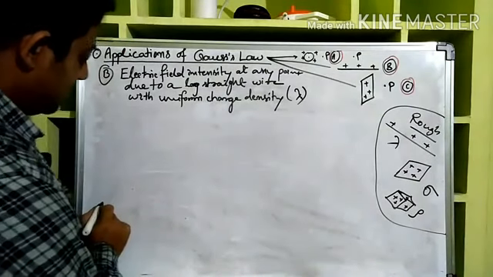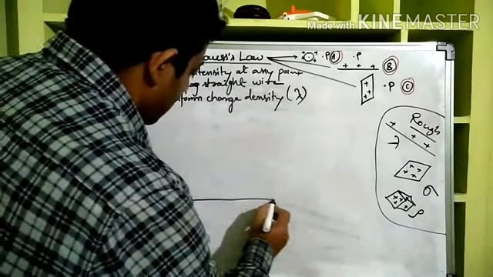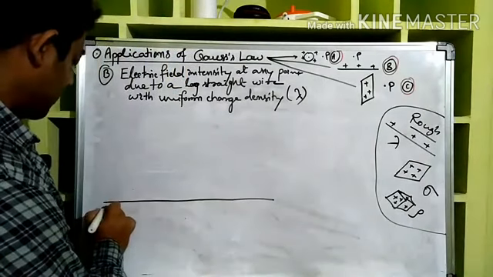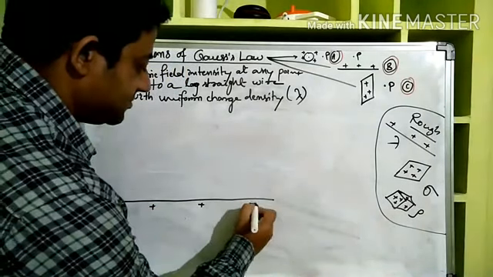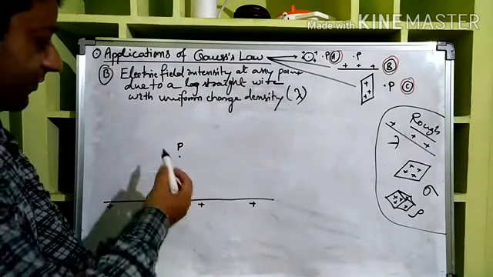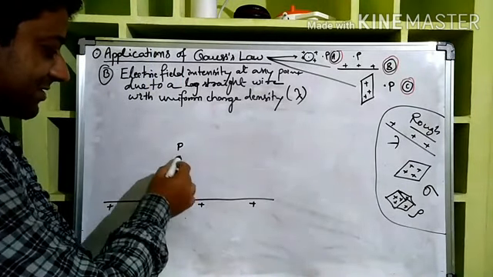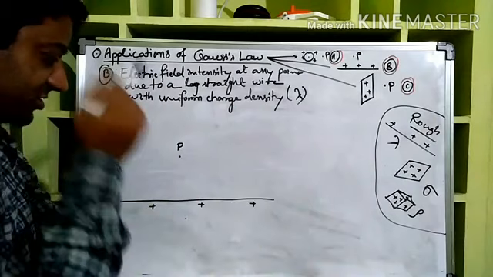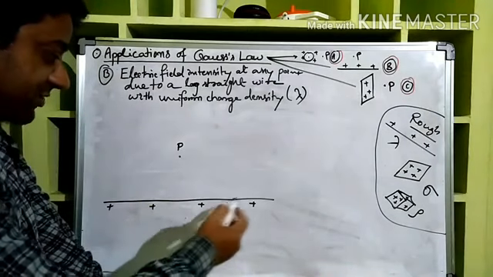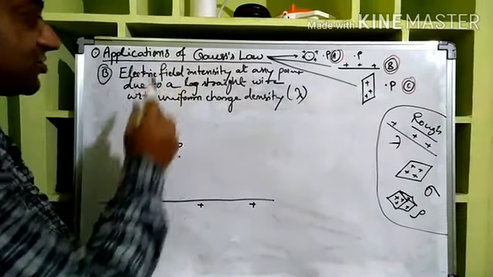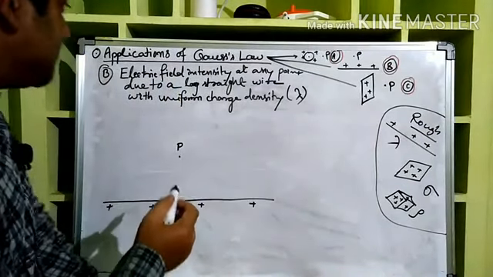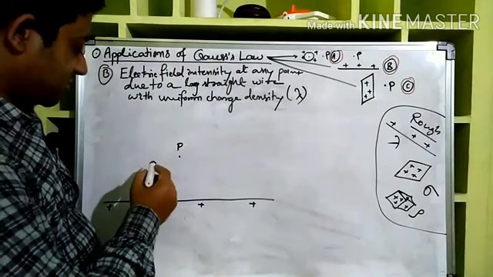We imagine a long straight wire with uniform charge distribution. Now, we will find the electric field intensity here due to this long straight wire having uniform charge density lambda. But while doing so, we will apply the Gauss law.